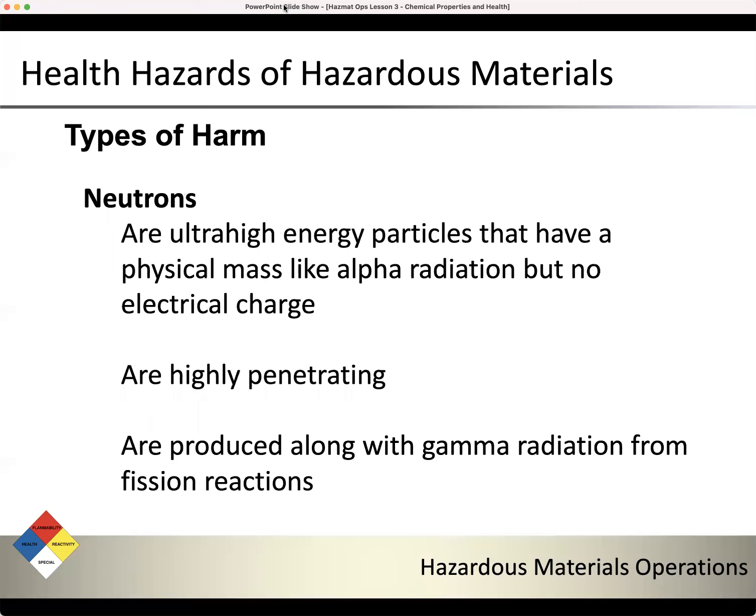Neutrons are ultra high energy particles that have a physical mass like alpha radiation, but no electrical charge. They are highly penetrating. They are produced along with gamma radiation from fission reactions. So neutron radiation is produced in nuclear reactors.